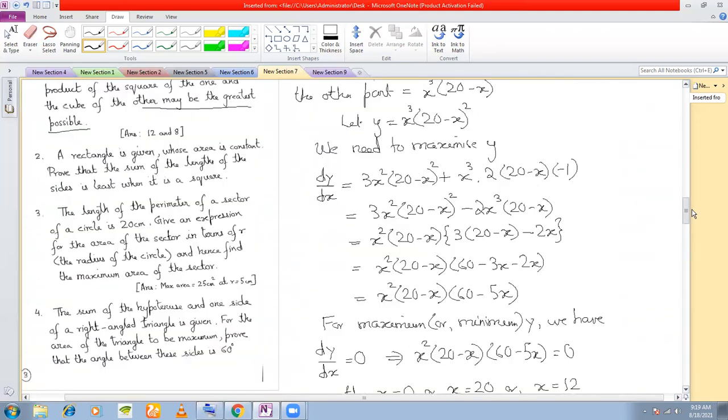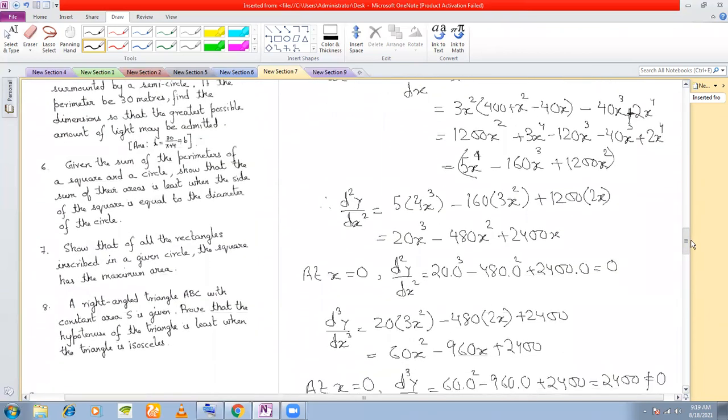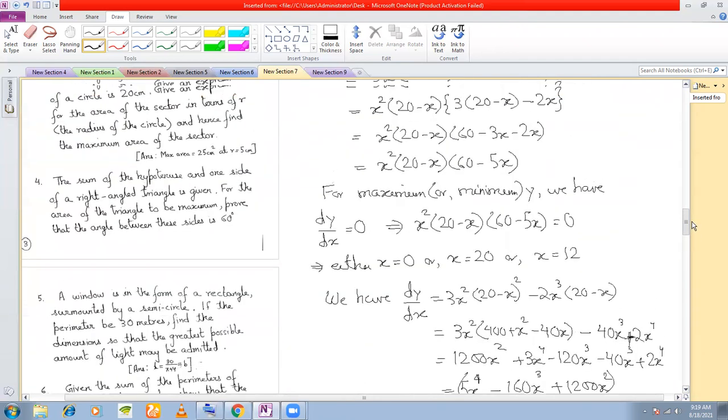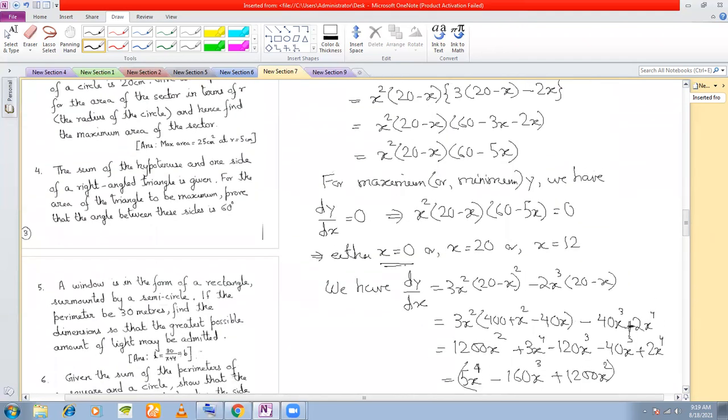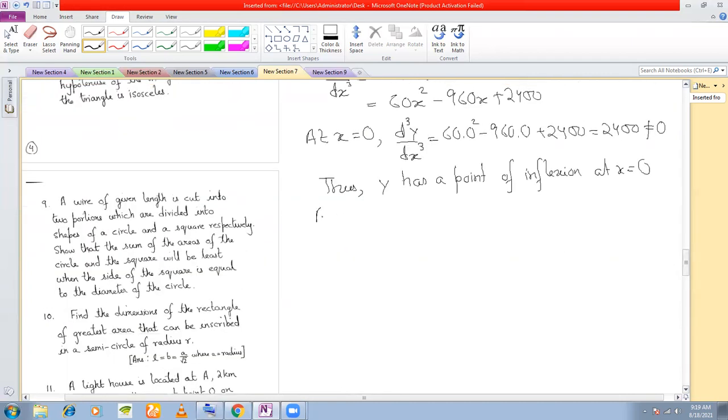Now we check for what is the other value of x that we had got here? For x is equal to 0, we got a point of inflection. For x is equal to 20, now we are going to check the sign of the second derivative at x is equal to 20. Put it in the expression for d2y dx2.